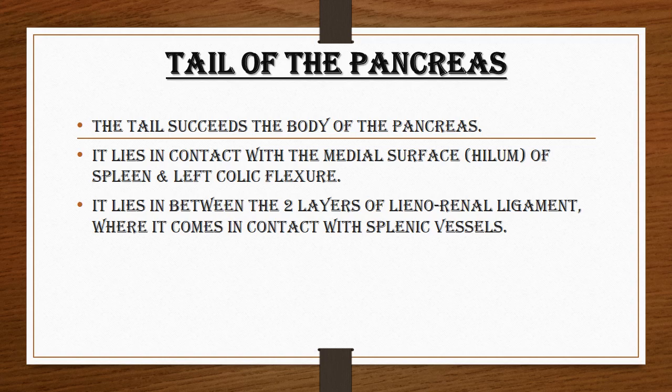It lies in between the two layers of the lienorenal ligament, where it comes into close contact with the splenic vessels which pass through this ligament. Occasionally, the splenic vessels cross in front of it on their way to the spleen.